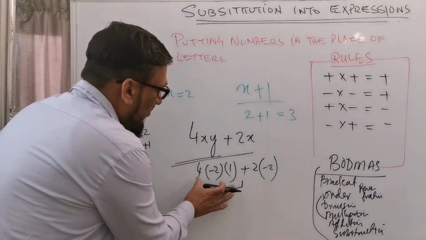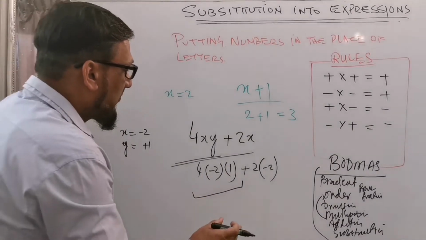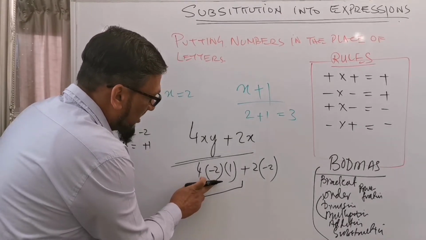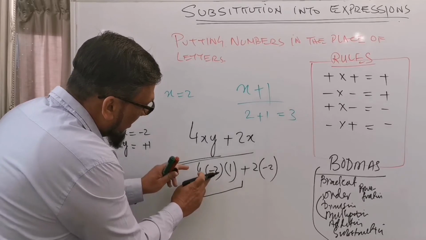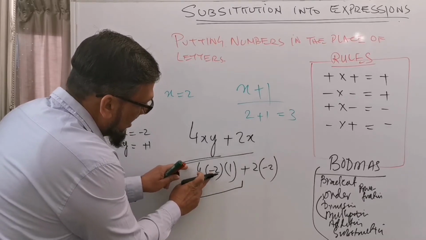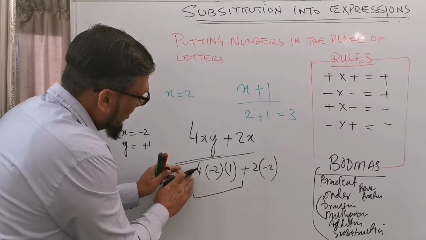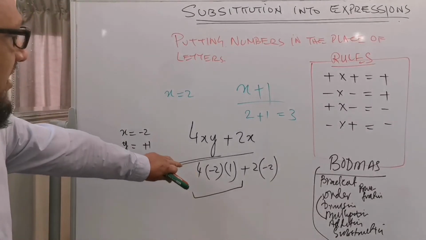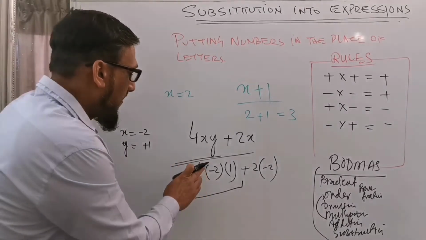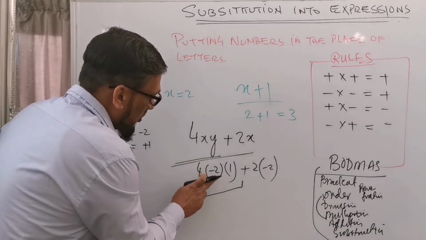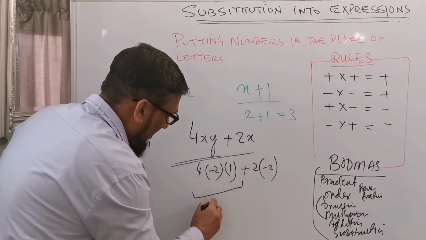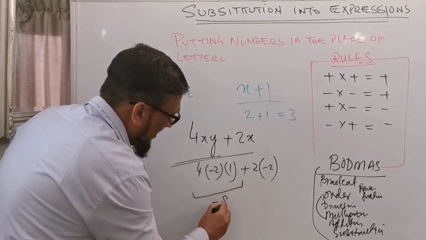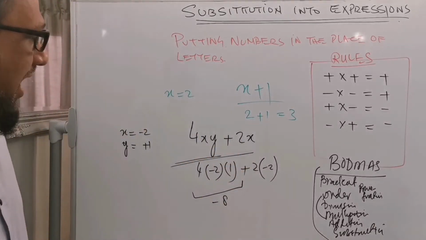So this is 4 times 2, which is 8, but look, the sign is minus. If no sign is written there, we assume plus. So 4 times 2 is 8, and plus times minus is minus, so 8 times 1 is minus 8.